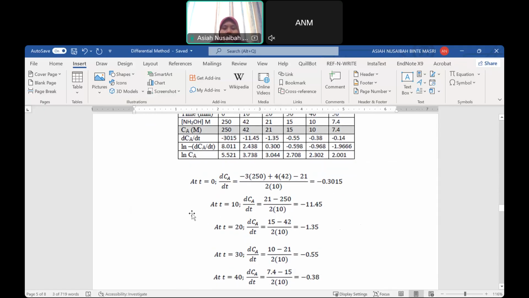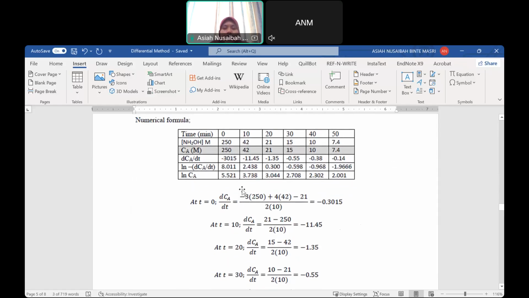For the intermediate, what do we do? When we want to find dCA over dt at point 10, for example, we will use the concentration of the adjacent data. So at time 10, dCA over dt equals 21, the adjacent, minus 250, another adjacent, over 2 times 10. 10 is the difference of time. Then we get the value. We do the same for every point.